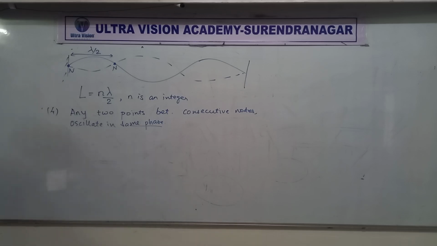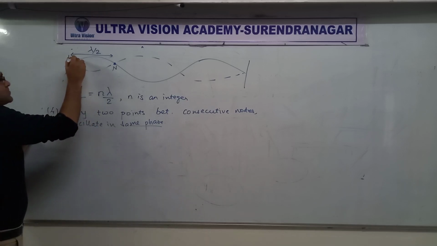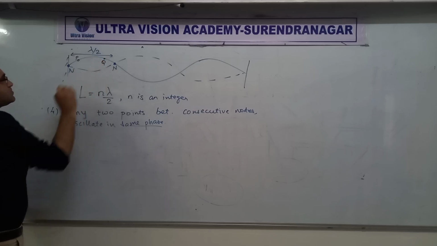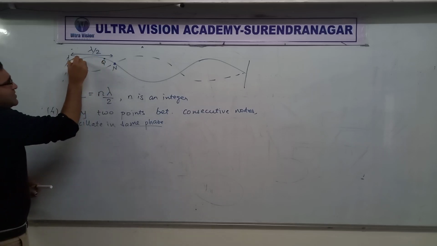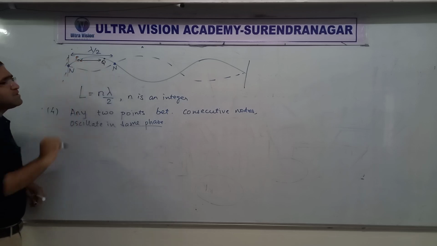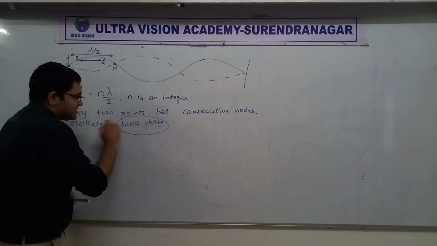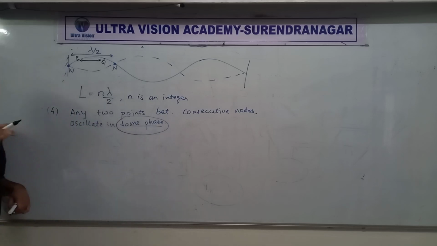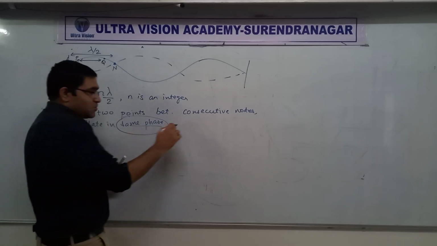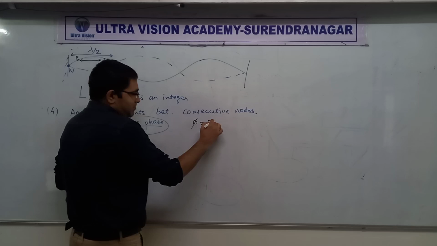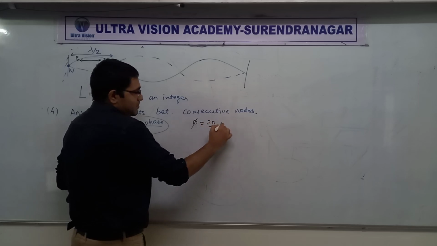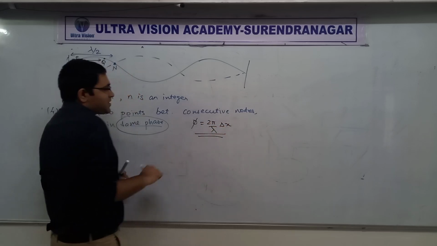What I mean to say is, suppose there is 1 point here, let's say P, and there is 1 point here, Q. So even though they have a distance between them, their phase will be same. That's what I am saying. I know it doesn't go by what we have learned earlier. Do you remember this? It doesn't go by this, correct or not?